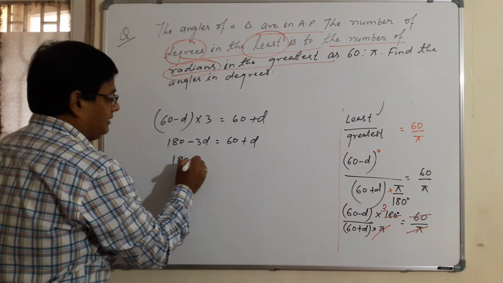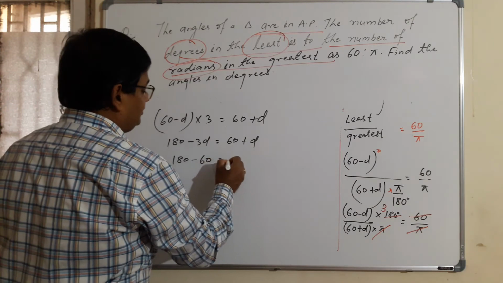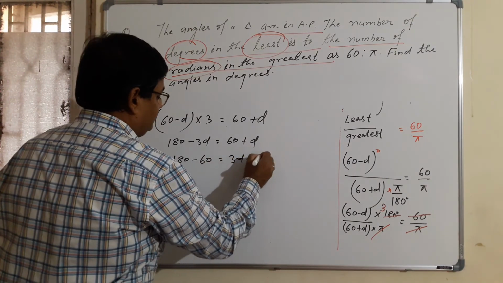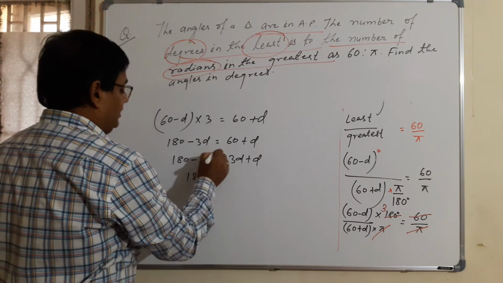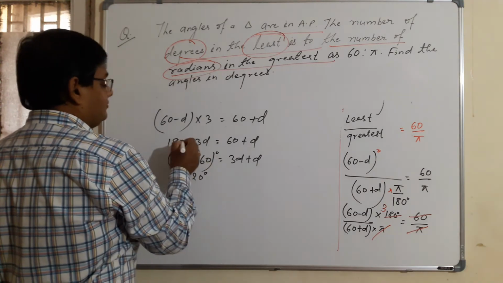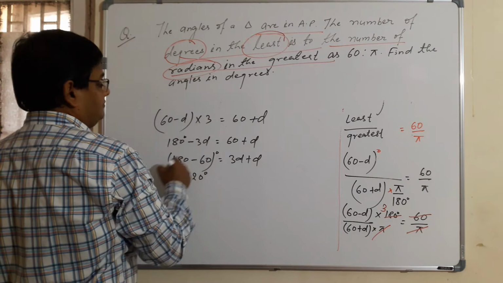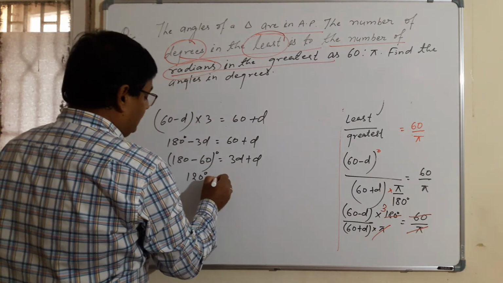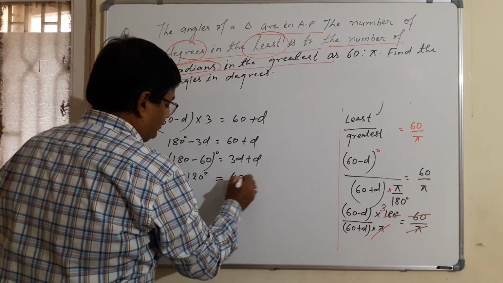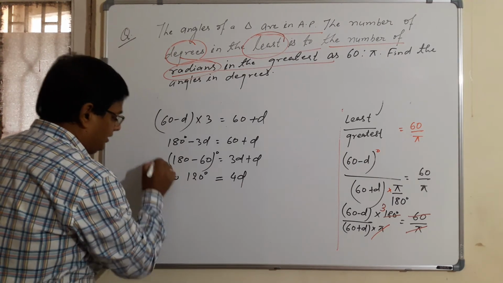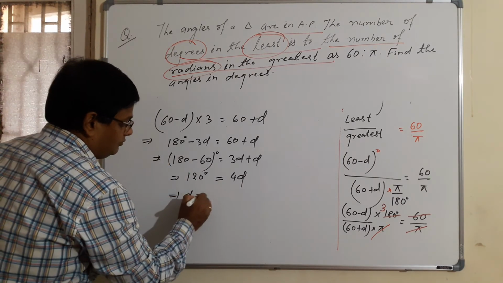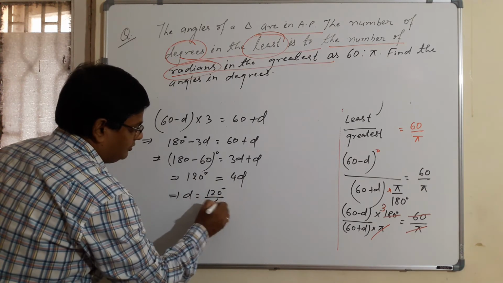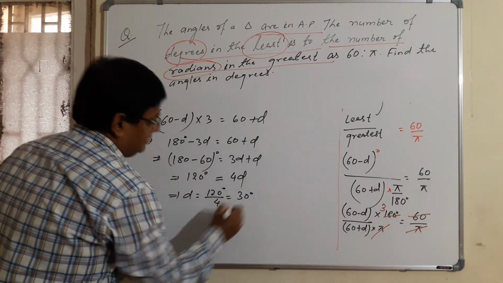So 180 minus 60 is equal to 3D plus D. So 120 degree, all are in degree, is equal to 4D. So D is equal to 120 degree by 4, which is 30 degree.